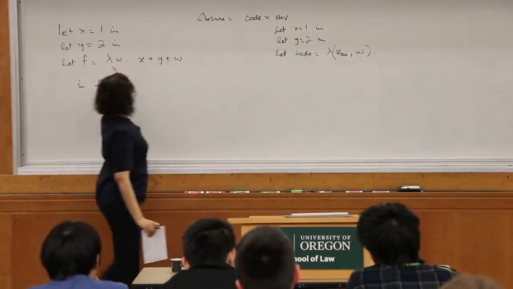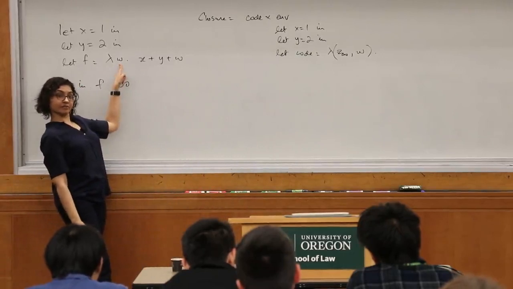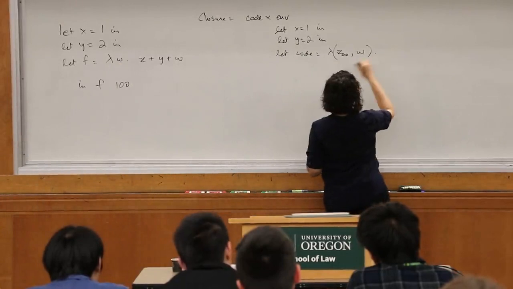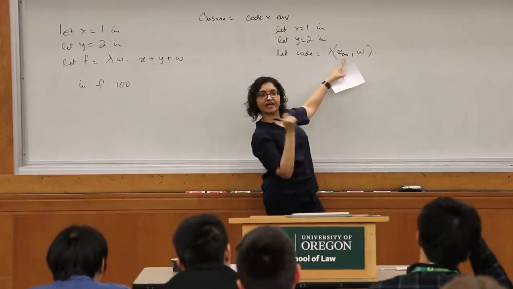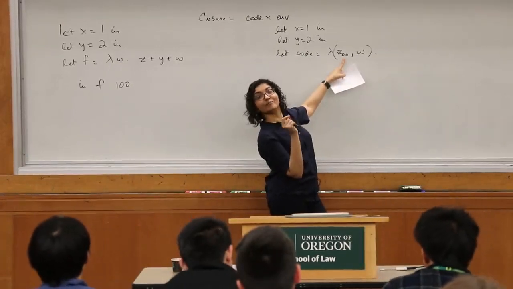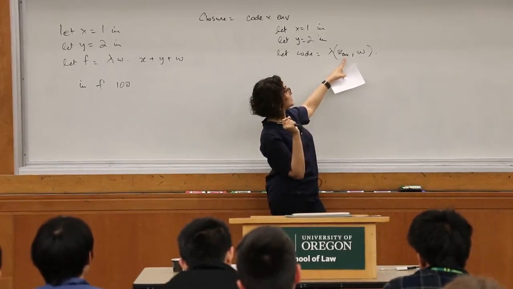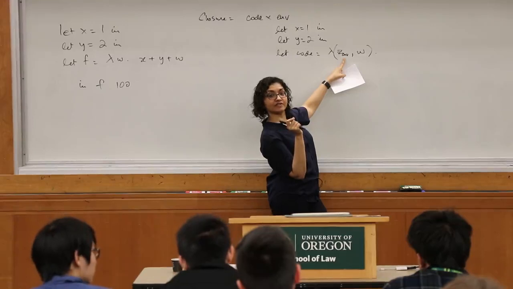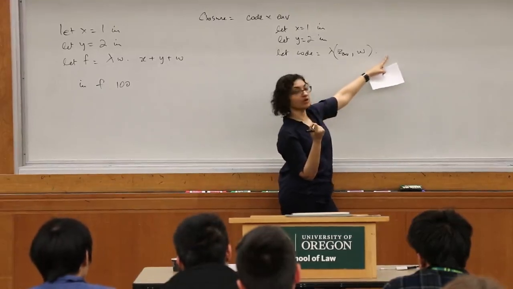I'm going to rewrite this code so that it doesn't just take the w as an input. It first takes an environment as input and then takes a w. And then it's going to project out the x and the y, which had better be in an environment, which we'll get to in a second, and use them where we need to in the body.